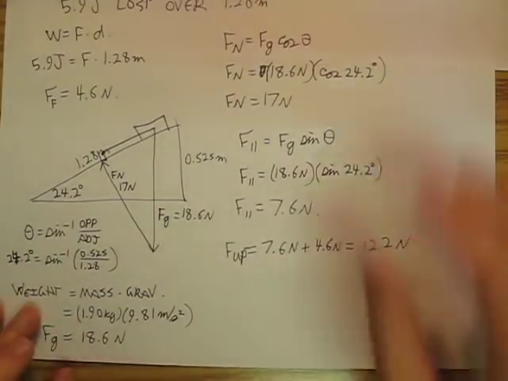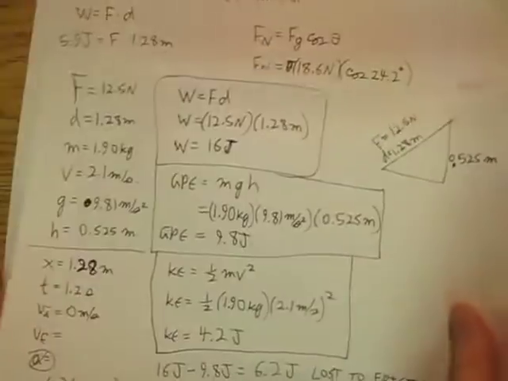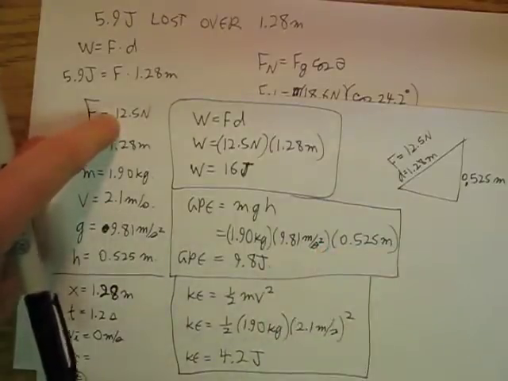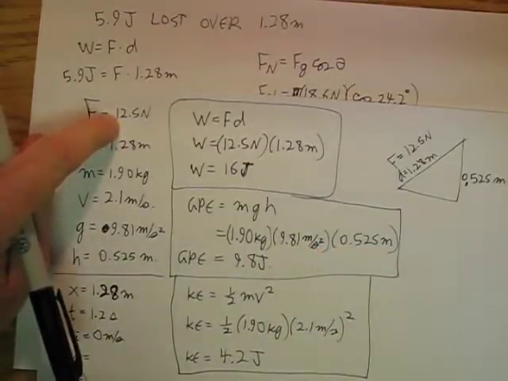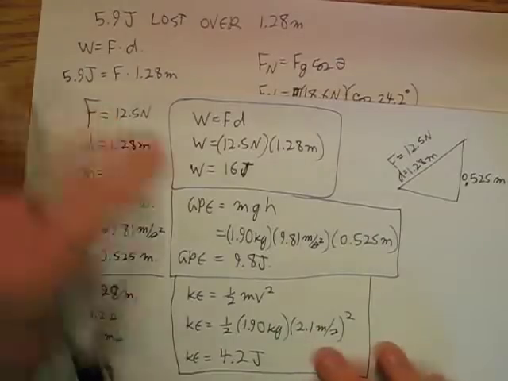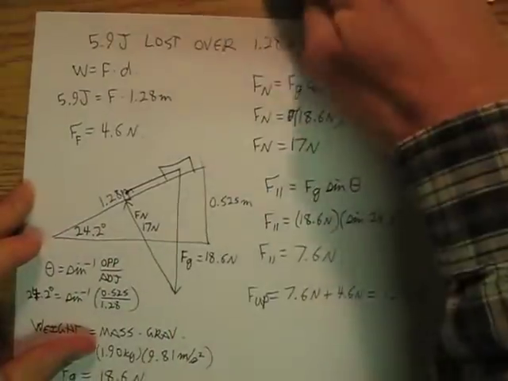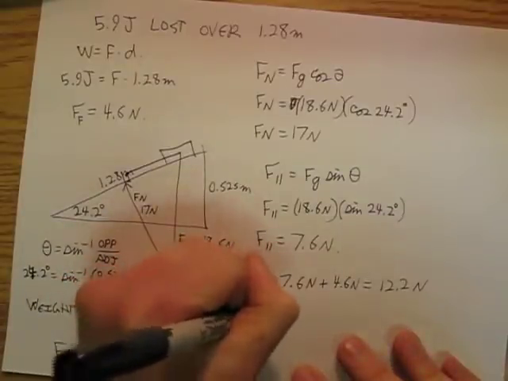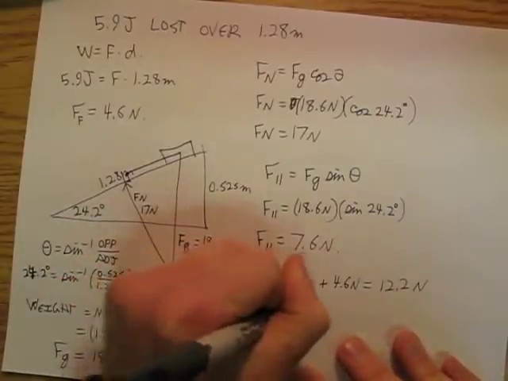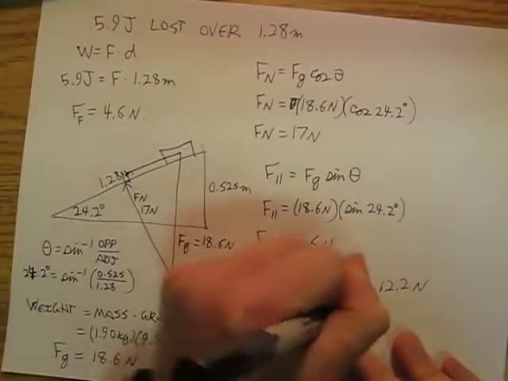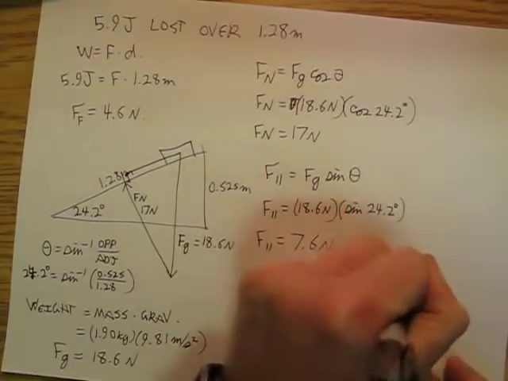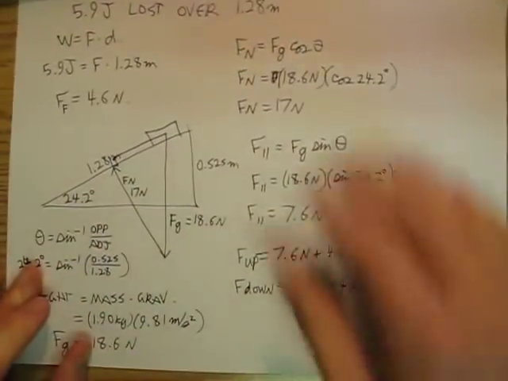Now what I measured as my force up was 12.5 newtons. So now that adds up. My force down should be 7.6 newtons minus 4.6 newtons, which should be 3 newtons.